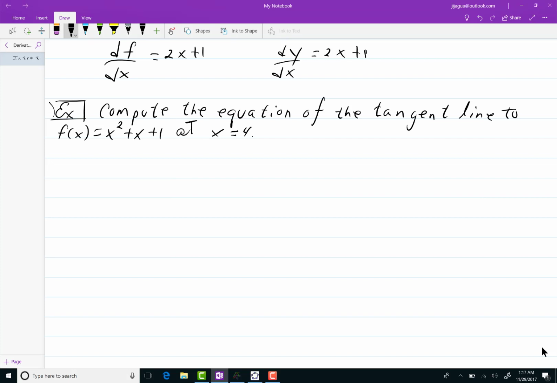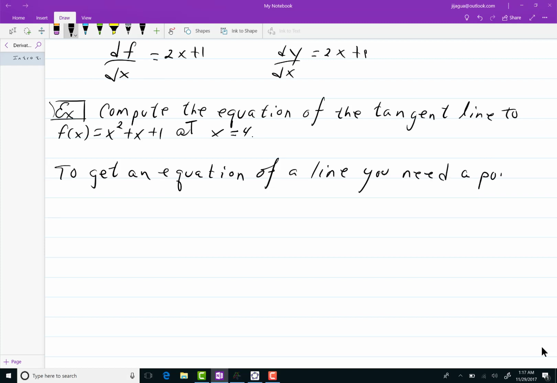What are the things you need in order to come up with the equation of a line? You need a point. So to get an equation of any line, you need a point and a slope. Let's start with the slope.